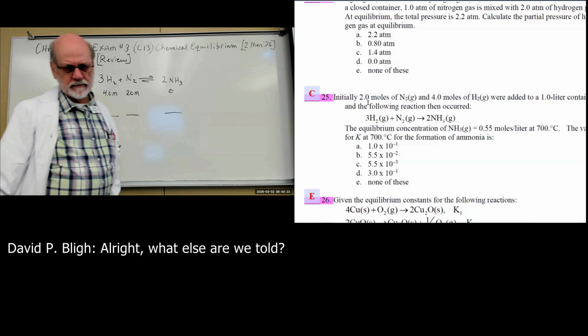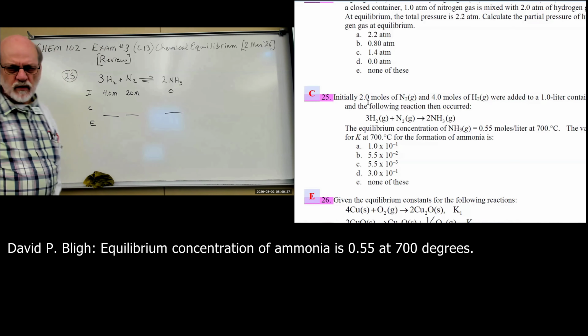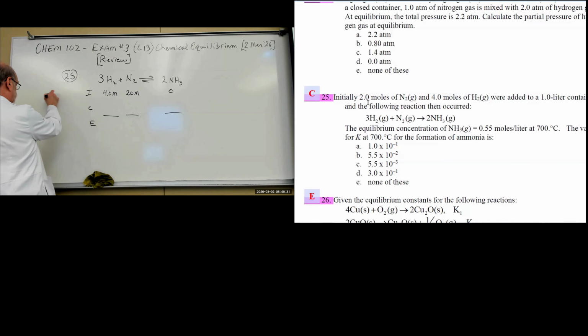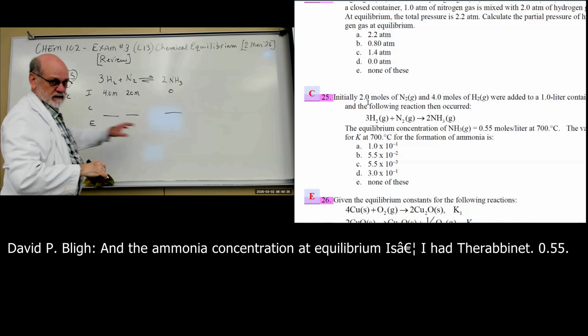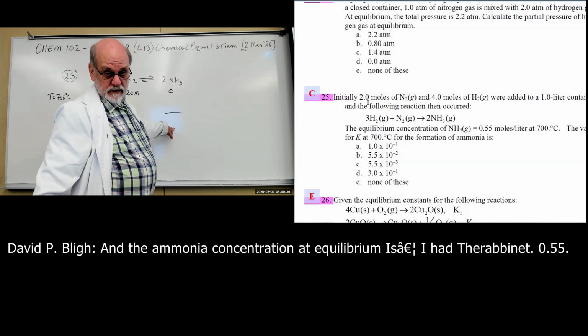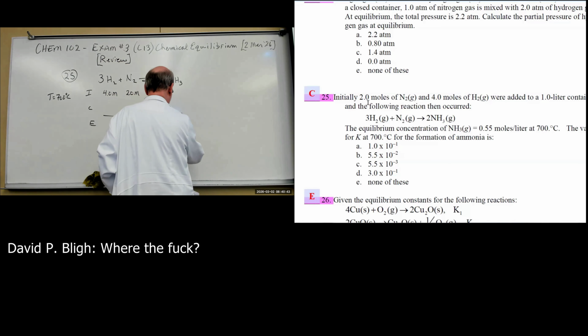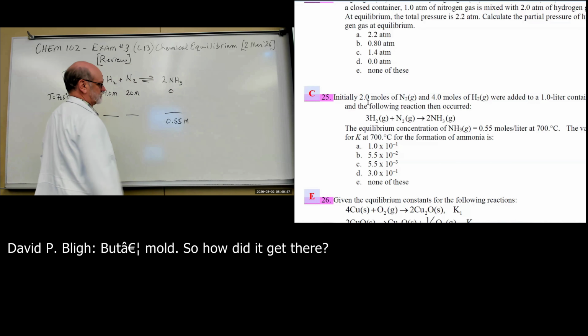All right, what else are we told? Equilibrium concentration of ammonia is 0.55 at 700 degrees C. And the ammonia concentration at equilibrium is, I had there a minute, 0.55 molar. So how did it get there?